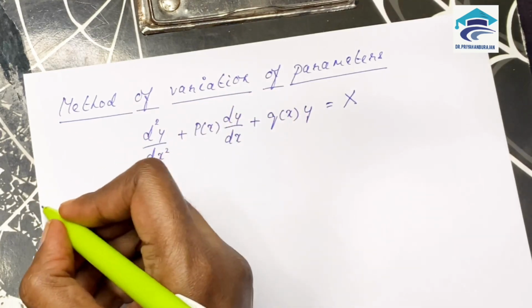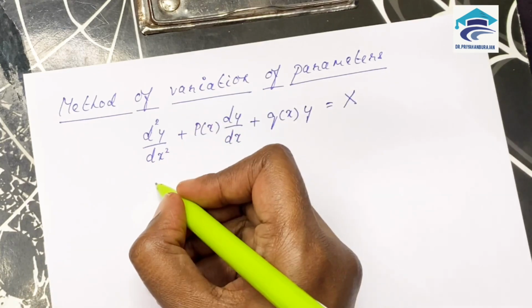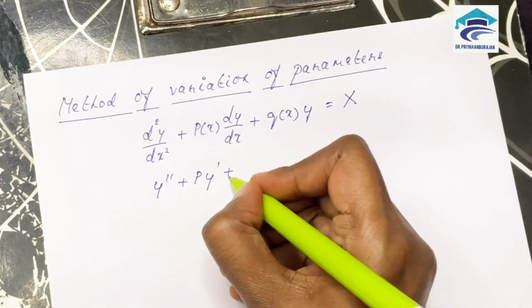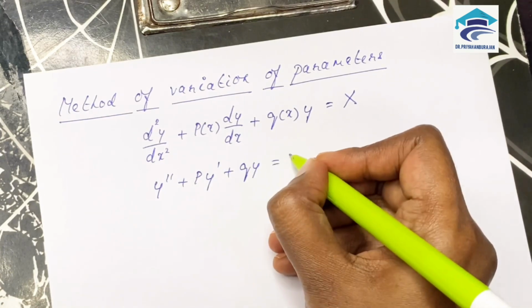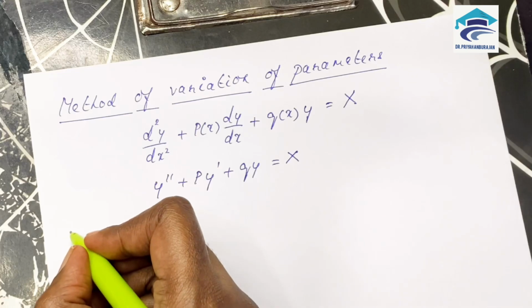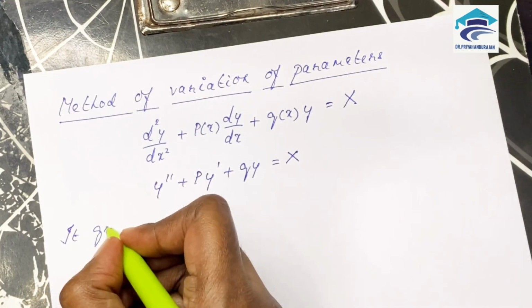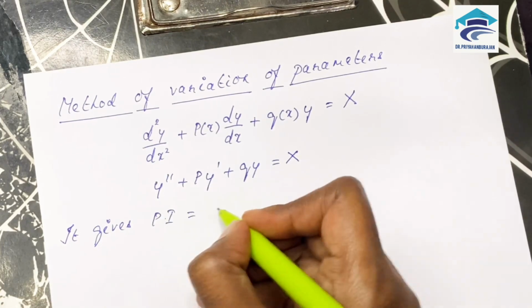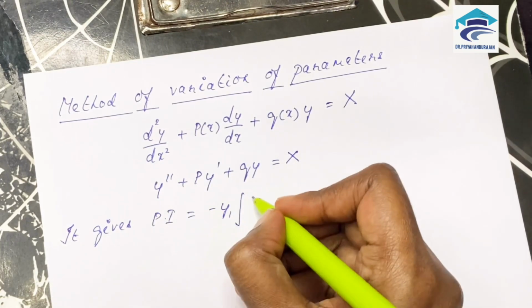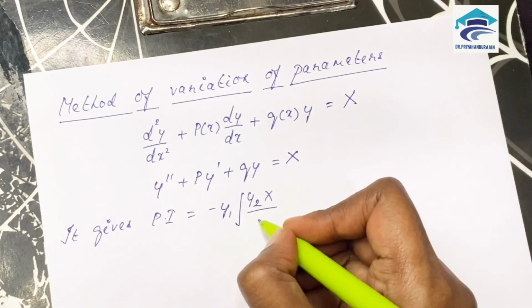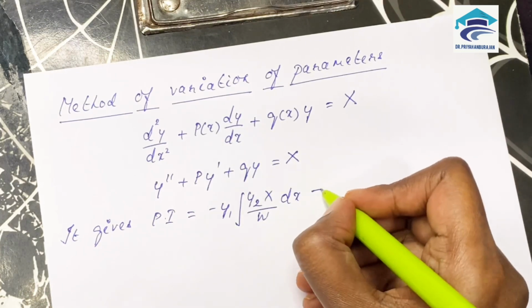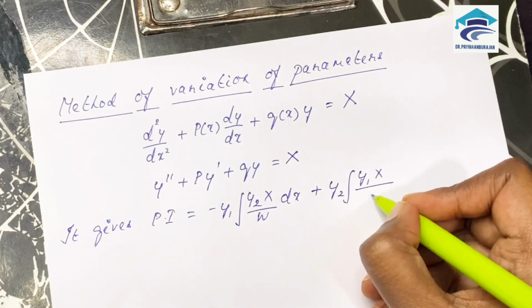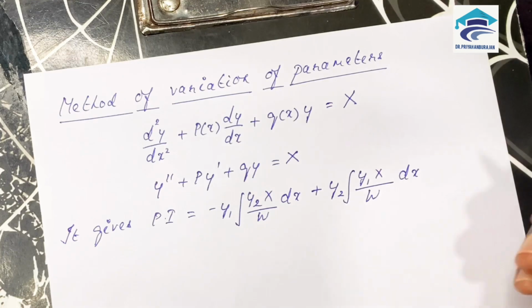So this equation can be written as y double dash plus p into y dash plus q into y is equal to X. This gives the particular integral as minus y1 integration of y2 X by W dx plus y2 integration of y1 X by W dx.